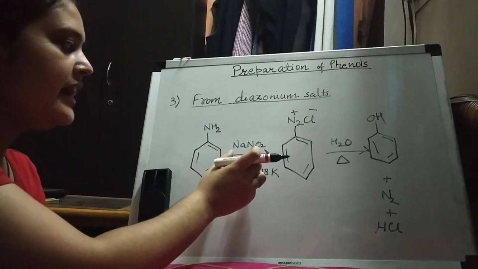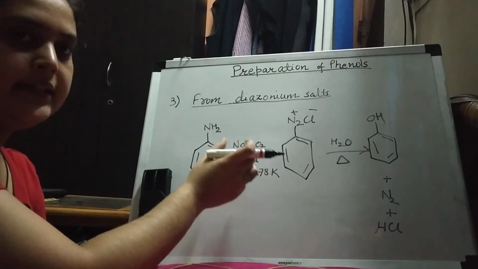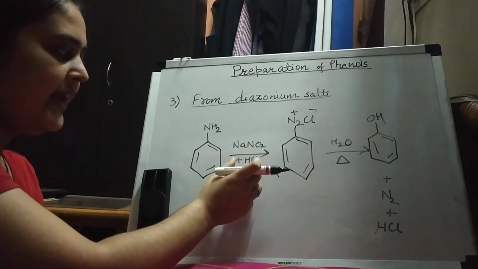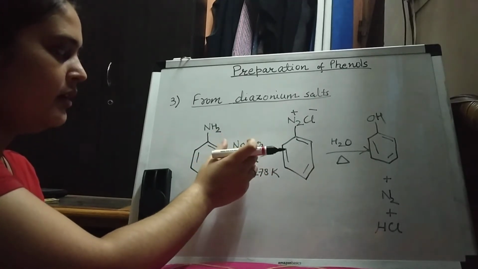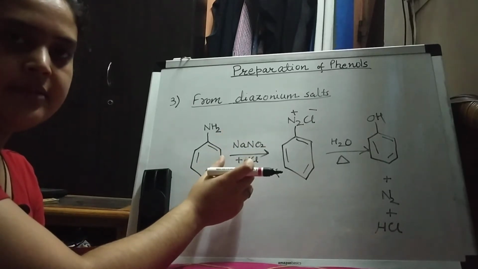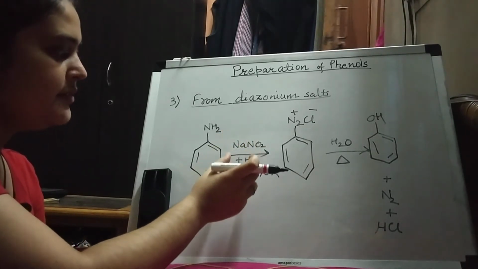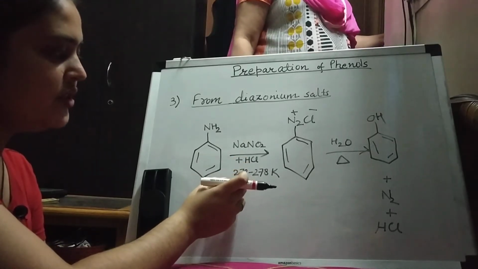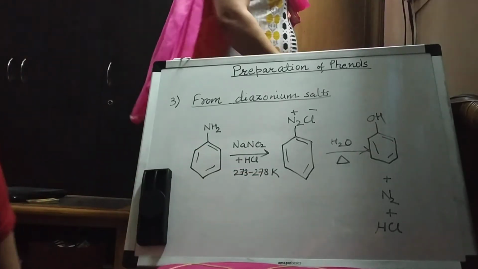We add nitrous acid, which is prepared from NaNO2 and HCl, at a temperature of 273 to 278 Kelvin.